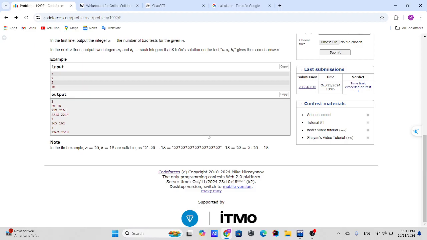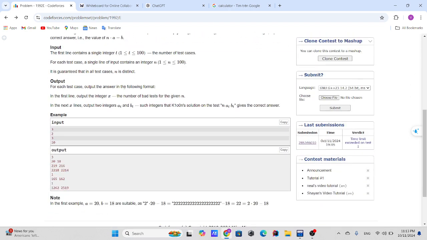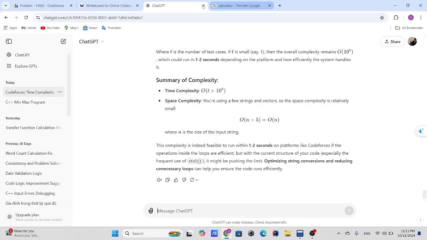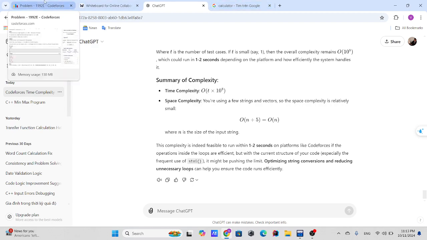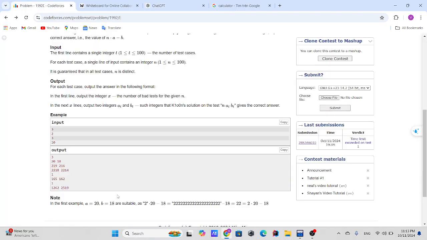It's brute force, but how can we brute force it? 10,000 is still a bit too big. Efficient, but pushing limits.